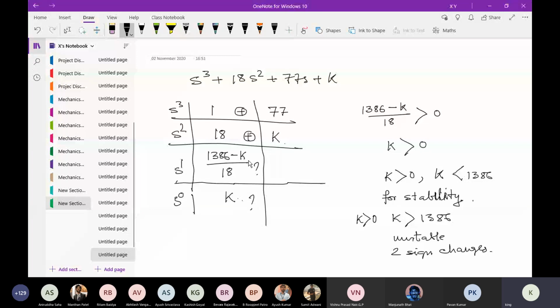In that case, K is greater than 1386, then this becomes negative, this is positive. So two sign changes. There is also another possibility.